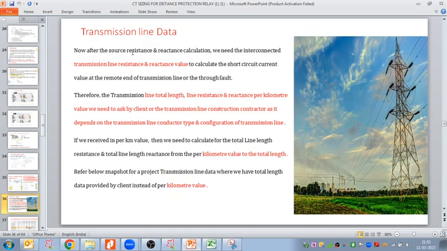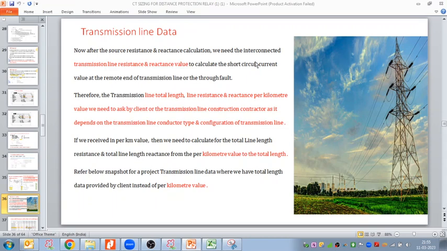So after the source resistance and source reactance calculations, the ultimate motto, Bharat, is the through fault current calculation. For that, you need the impedance till the last point of your transmission line.